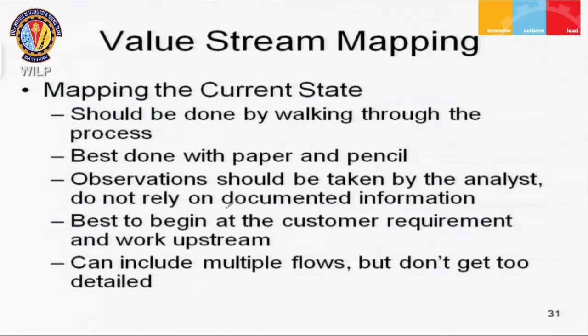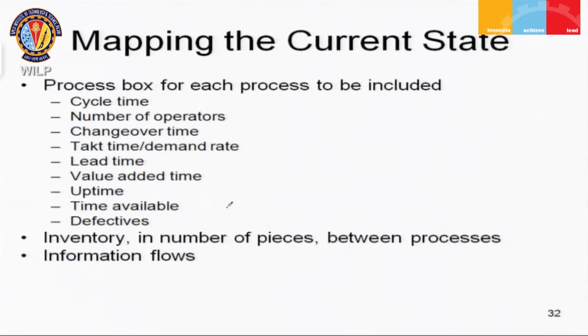You only need to map the principal flows, because the purpose behind value stream mapping is not a detailed analysis, but analyzing the overall flow as to what is happening to the material and information as it flows through your system.